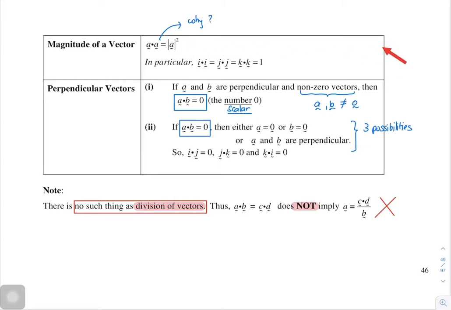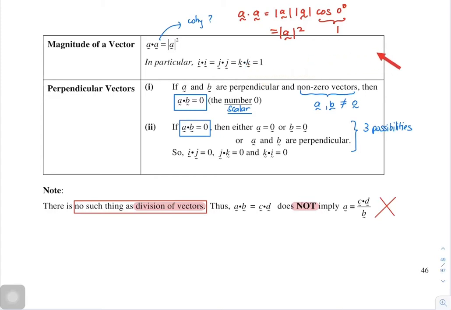Again, by the definition of scalar product, if we take the vector A and dot with itself, we have the magnitude of A times the magnitude of A times the cosine of the angle between A and A. The angle between A and A is 0 degrees, and its cosine gives 1, and therefore you have the modulus of A squared. Consequently, if you take the base vector i dot with itself, j dot with itself, k dot with itself, we will get 1.